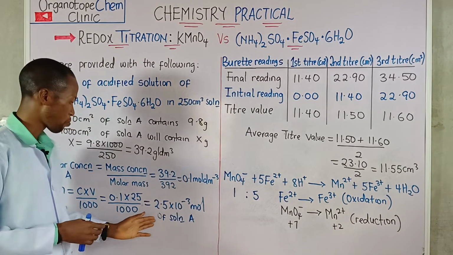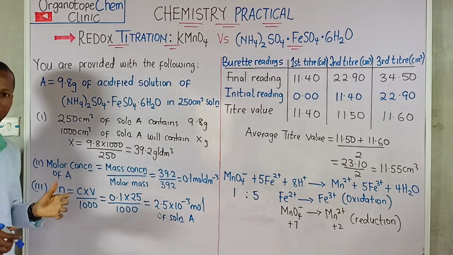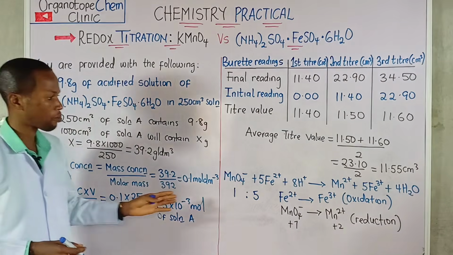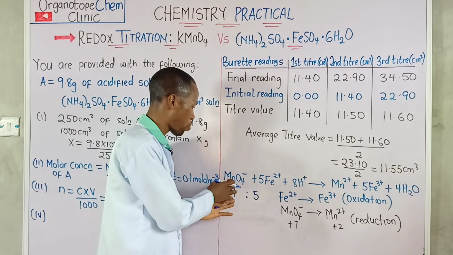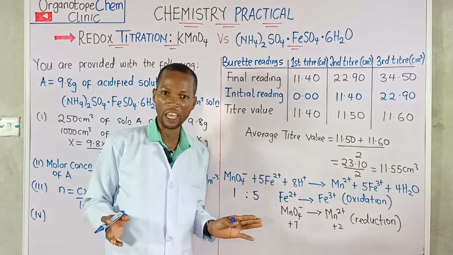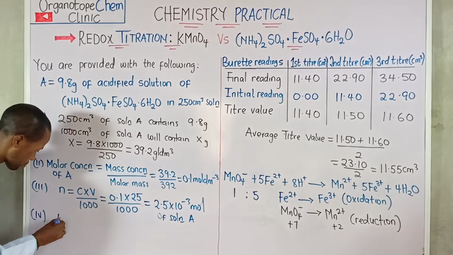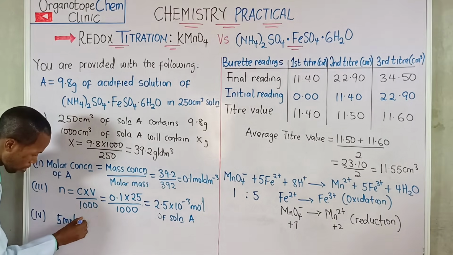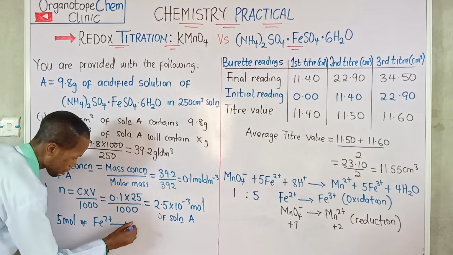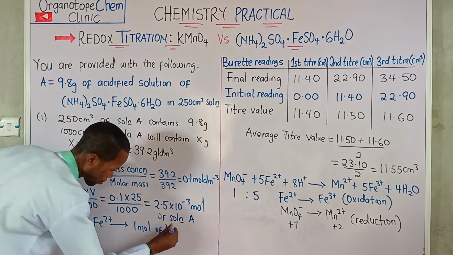Since we've determined the number of mole of solution A, can we determine the number of mole of solution B in this titration? So let's make that Roman figure 4. Now from the ionic equation, we have 1 mole of manganese ion reacted with 5 mole of iron 2 ion. So we have 1:5. 5 mole of iron 2 ion requires 1 mole of manganese ion.